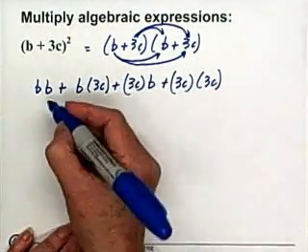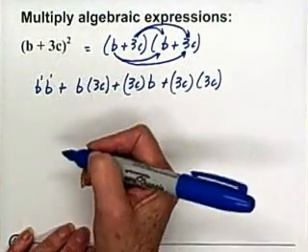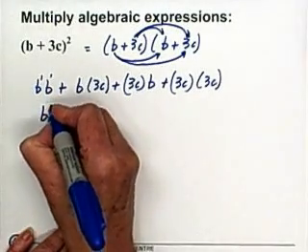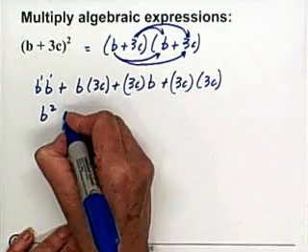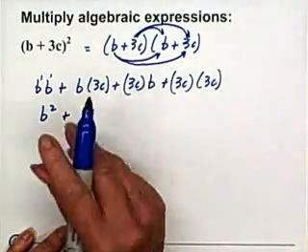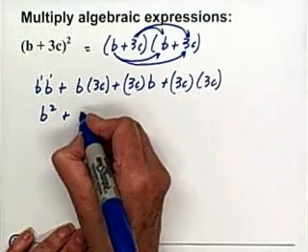So then let's clean this up a little bit. B times b: don't forget this is b to the 1 and b to the 1. We add our two exponents, so this becomes b squared. Plus 3 times b times c, and we write our letters alphabetically, so that's 3bc.